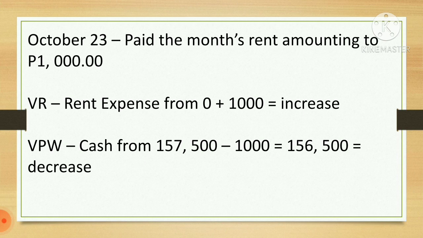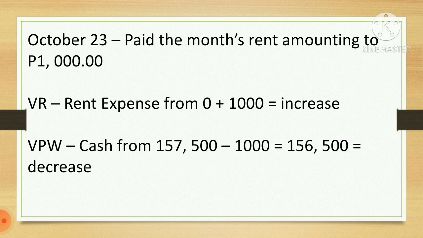Now for the value parted with, since you paid the month's rent, therefore, from your cash of 157,500 minus 1,000 is equal to 156,500.